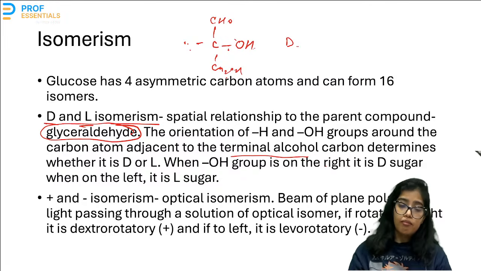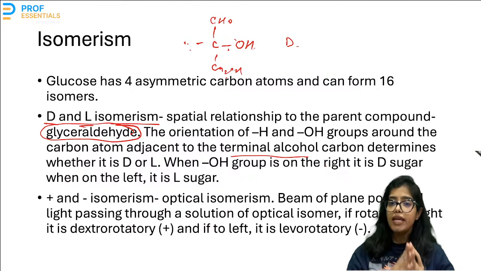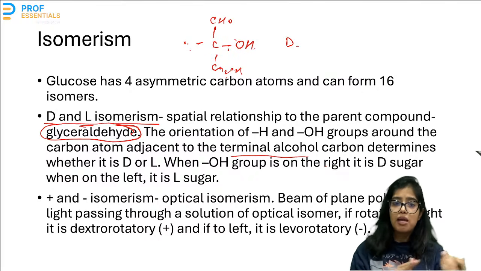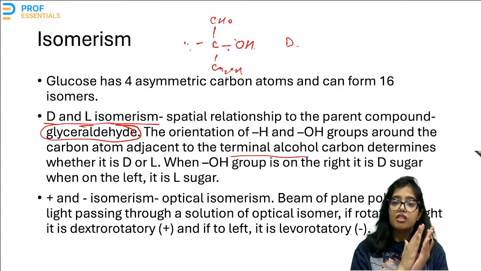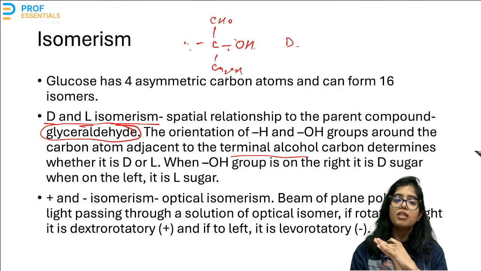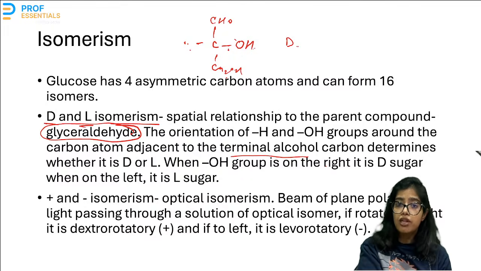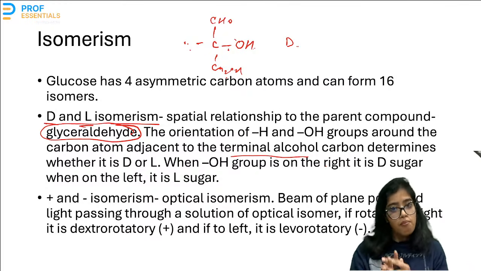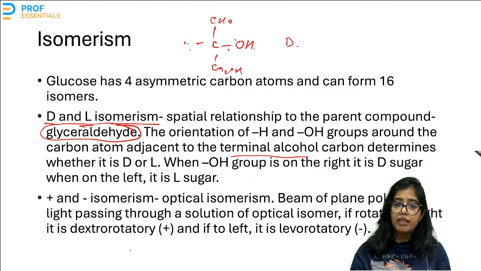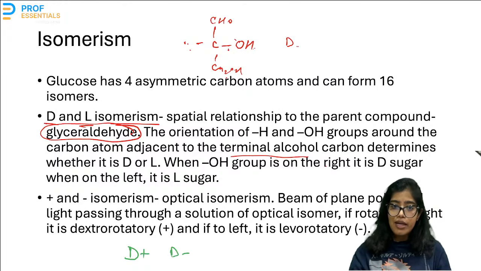If a beam of plane polarized light is passed through a solution of either the plus or minus isomer, and the solution rotates the light to the right side, it is dextrorotatory, or if it rotates it to the left side, it is levorotatory. So it can either be D plus or D minus, or it can be L plus or L minus.